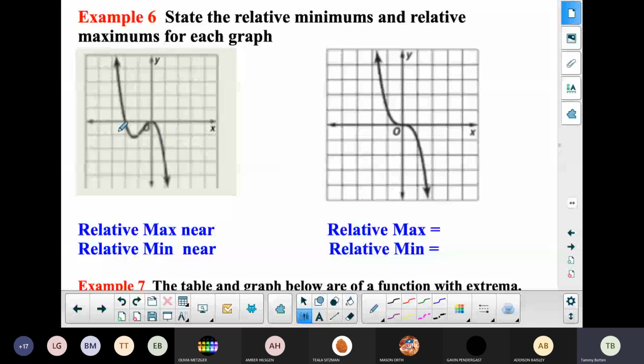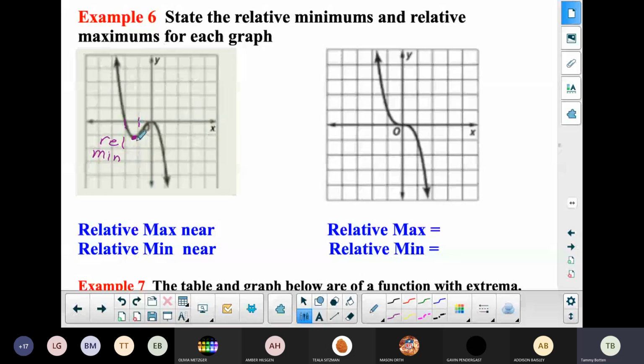So if I look at this, again, if you look at the minimum here, this would be a relative minimum. And notice again, it's not right at an x value. So this is x equals -1. This is x equals -2.